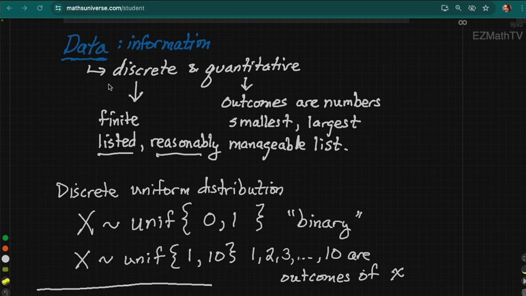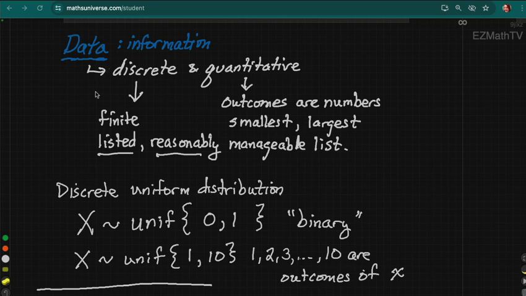So let's backtrack. Let's start by reminding ourselves that data is really just information. It can be numeric, it can be descriptive. In nature, it's just information that we have written down or that we have observed about something.